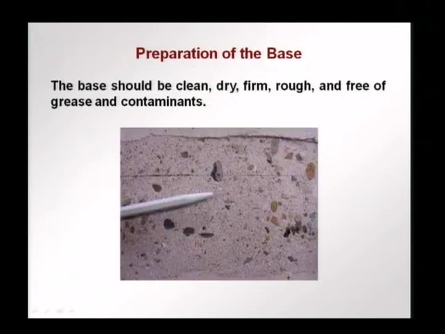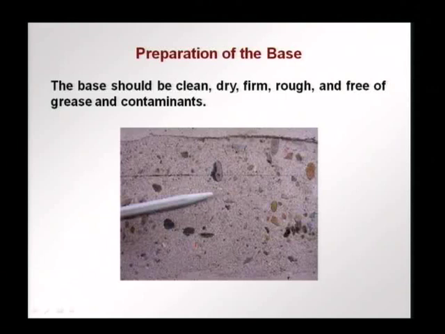So I talked to you about the base. To prepare the base, we should keep in mind that the base before the FRP is put on it should be clean, should be dry, firm, that is no loose particles, no weak areas. It should be rough enough so that the epoxy bonds well.